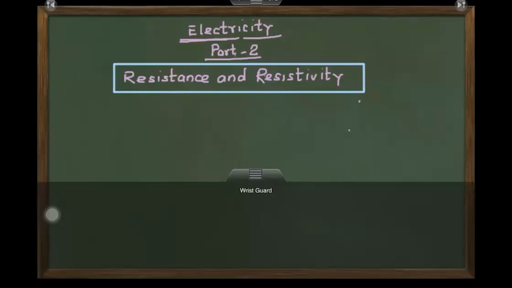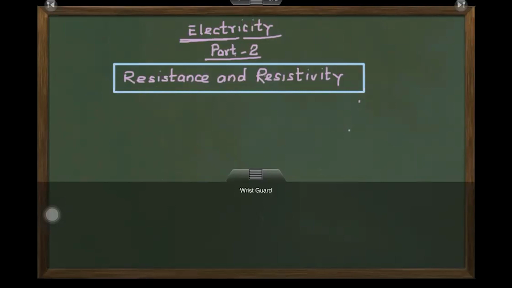Today we are going to study the remaining part of the chapter Current Electricity. This is part 2, and in this section we study resistance and resistivity.